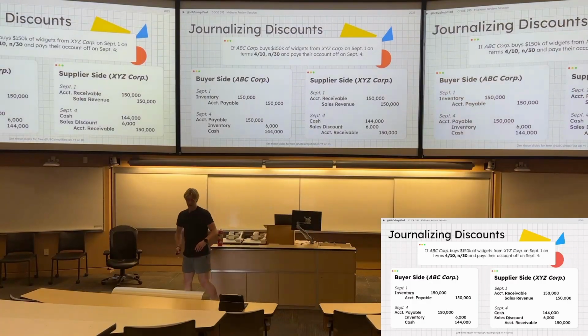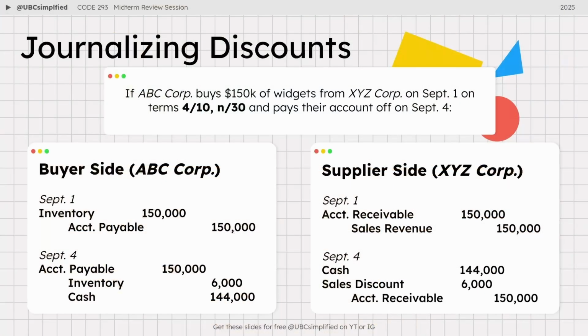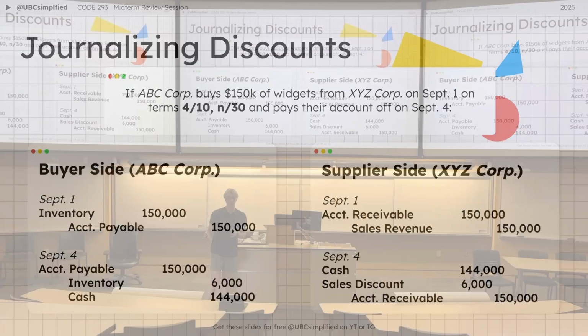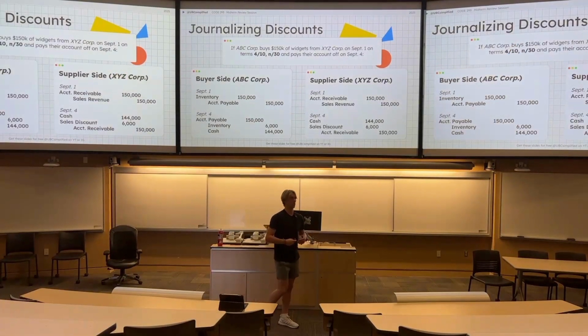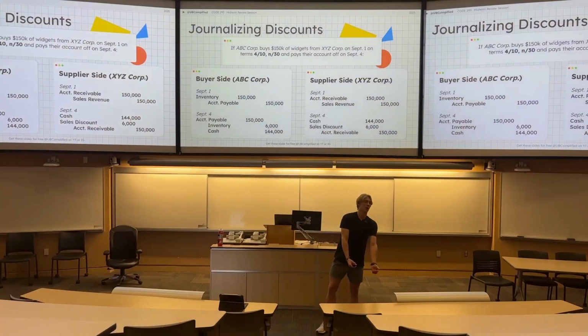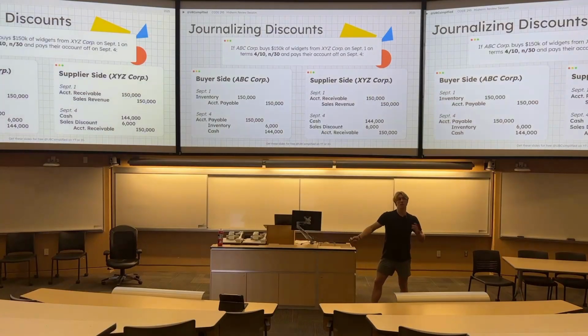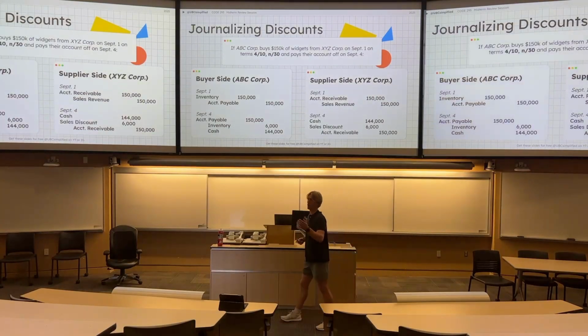Calculating that from the buyer side, once again, you had an account payable owed to the seller, and if you do pay it in time for the discount, it's going to be reflected as a credit to inventory, because rather than having to spend $150,000 cash, you get a little bit of a discount, so you only had to spend $144,000 cash.